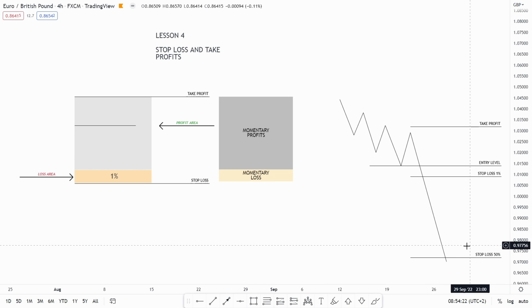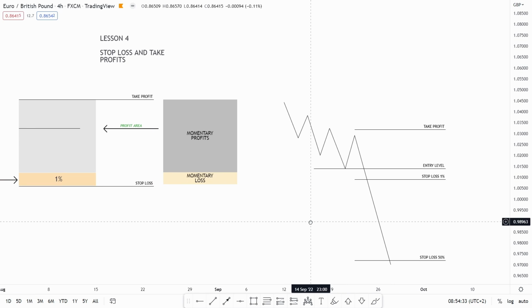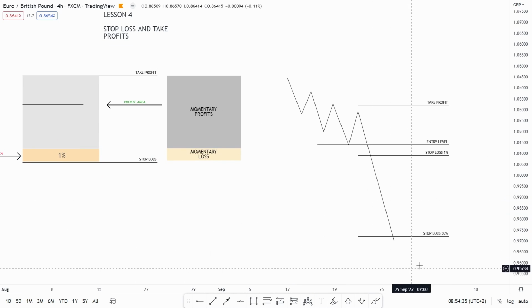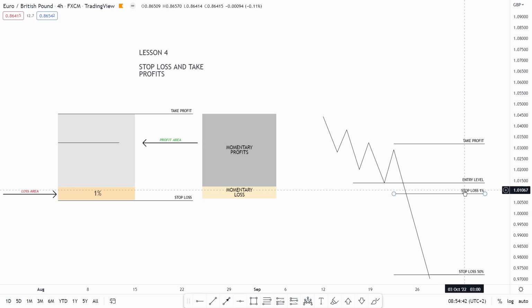So now you are losing 50% of your balance, and maybe the market is never going up again, and what happens is that you lose completely your account. This is the importance of stop loss.